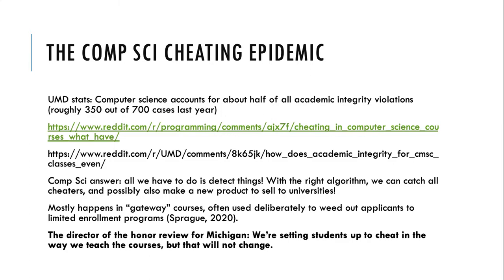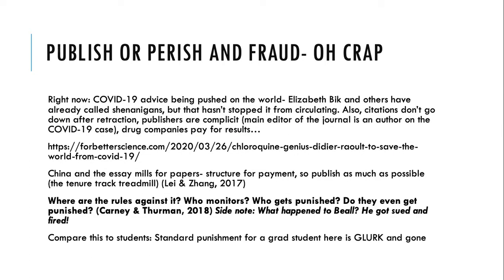Okay, next up. Publish and perish or fraud. Oh crap. This is actually one that is near and dear to me because it's happening right now. There is a huge incentive to try to publish as much as you can out there as quickly as you can in order to gain tenure, in order to maintain your position as an academic, or just to ensure that you maintain your employment.